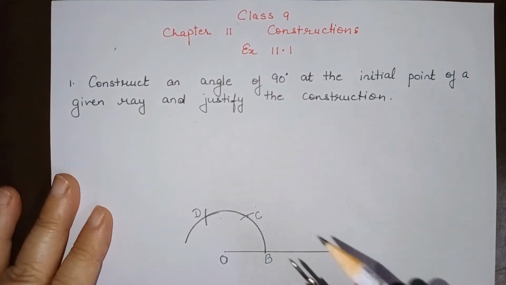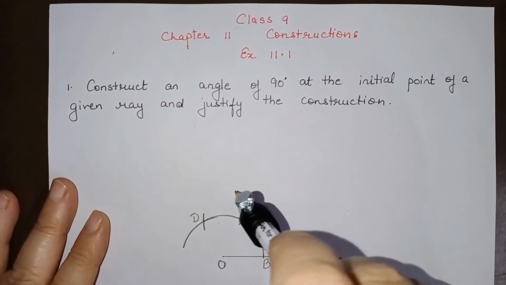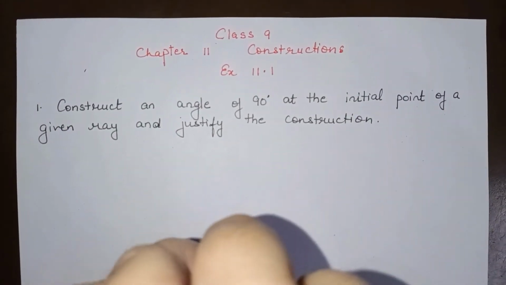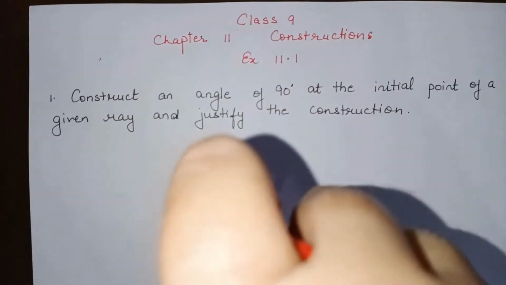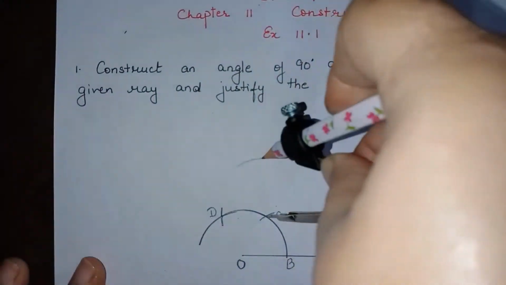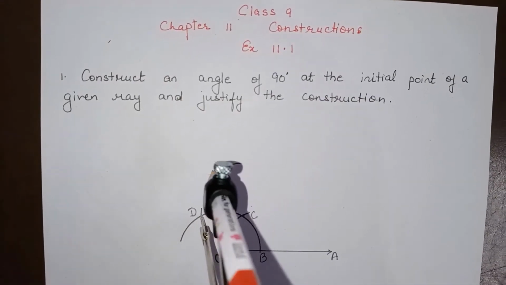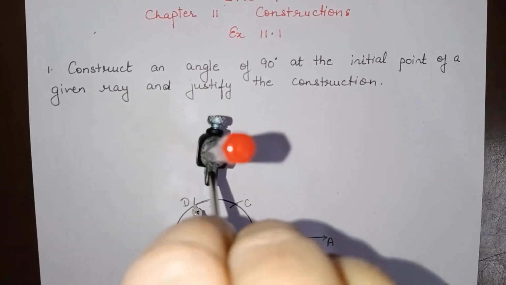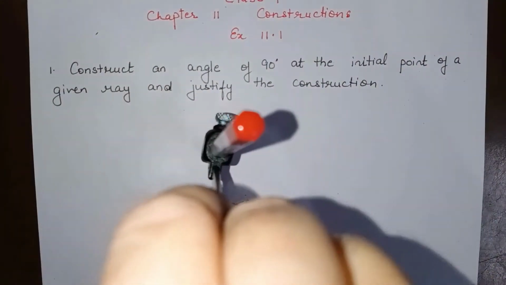Now what we have to do, from points C and D, you have to take a radius more than half of CD and you have to draw two arcs. And similarly, from point D, we will draw another arc.